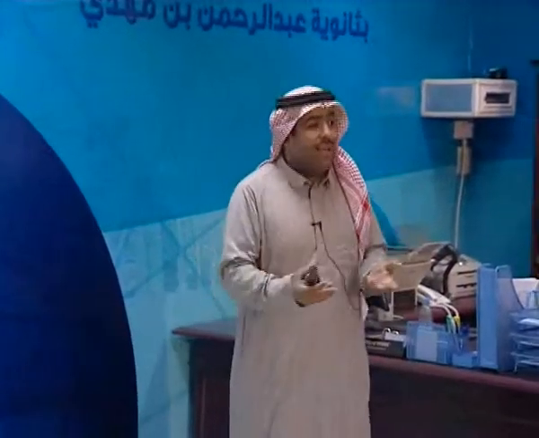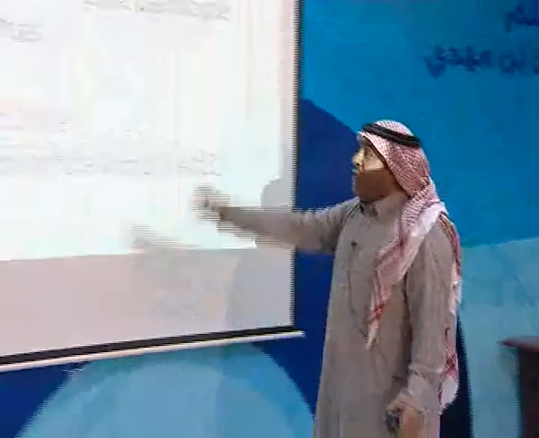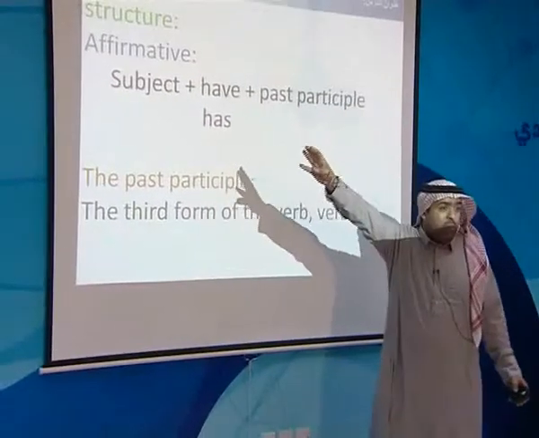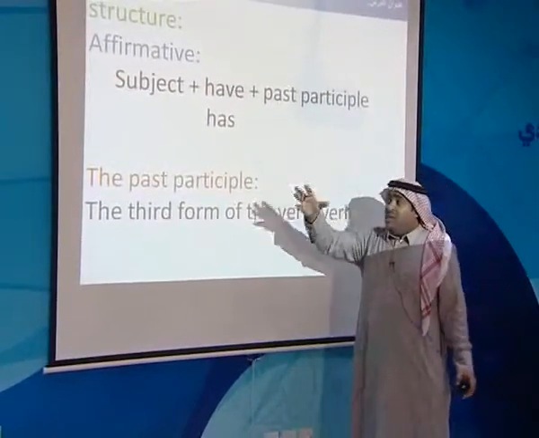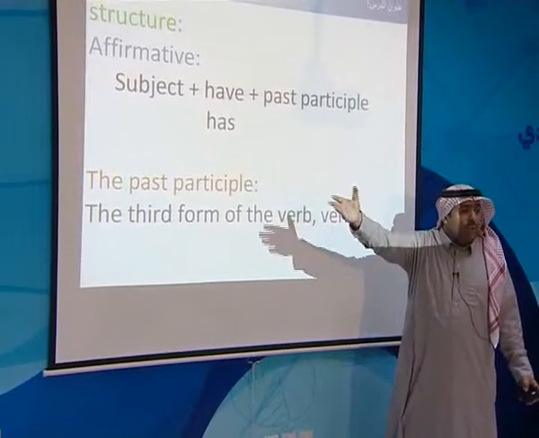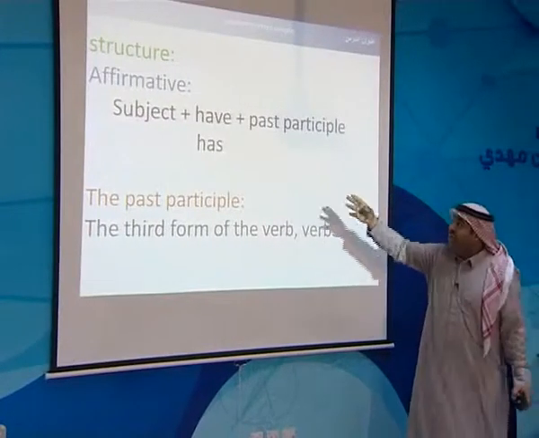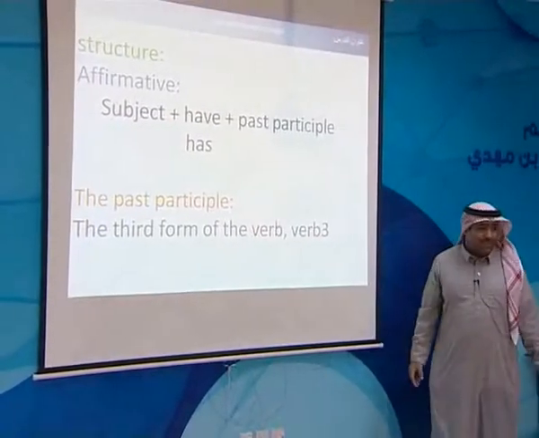How can I make the sentence? I have to know the structure of the sentence. What is it? In the affirmative form, okay? We start with the subject, a noun or a pronoun, whatever, okay? Then have and has, then past participle.